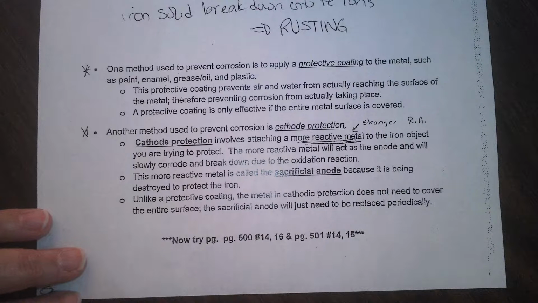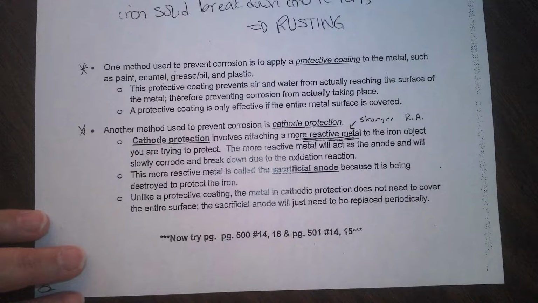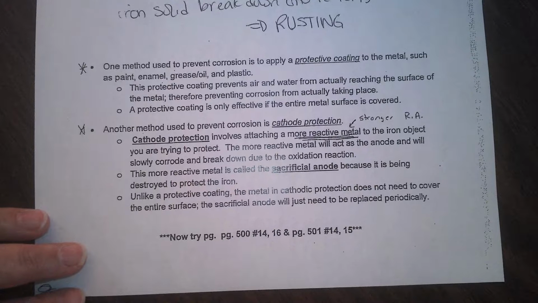Oh no. Okay, another way that we can do it is we can do what's called the cathode protection way. And so what happens is you're going to give it a more reactive metal to go after. So the more reactive metal will react first, and it will stop the reaction with the metal you're trying to protect.